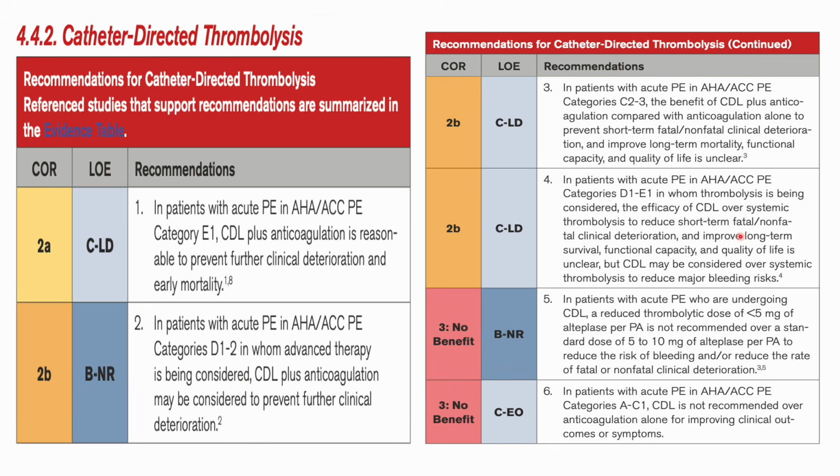There is no benefit of doing this maneuver in patients of acute PE who are undergoing CDL. There's no benefit of a reduced thrombolytic dose of less than 5 milligram because it's not recommended to use this over a standard dose of 5 to 10. So if you are doing catheter directed thrombolysis, there is no benefit, no recommendation.